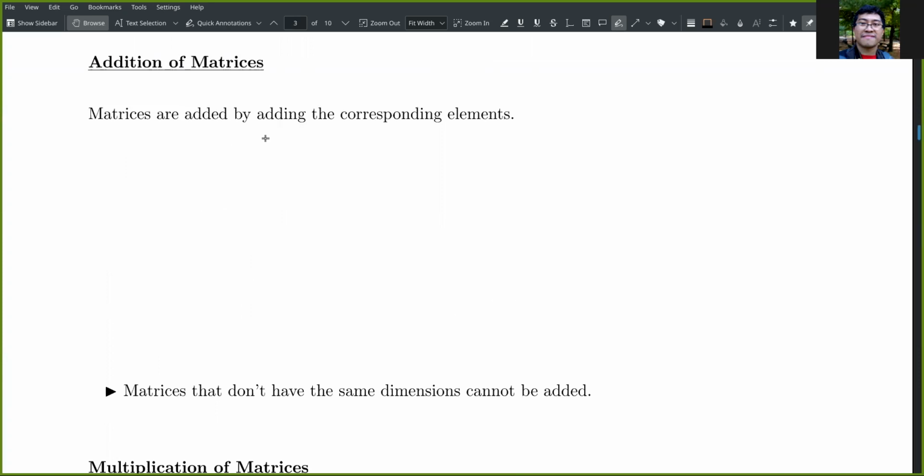Matrices are added by adding the corresponding elements. For example, if you have 1, 3, minus 2, 4, 7, 1, you add that with 2, negative 1, 4, 3, negative 7, and negative 2.